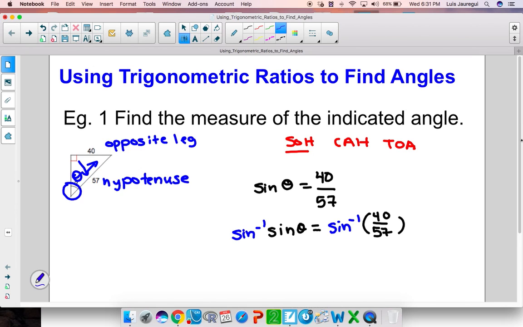Now, on the left hand side, we have sine inverse of sine of theta. The sine inverse does the opposite of the sine, it undoes the sine. So we can just say that we have theta here, and that is equal to sine inverse of 40/57.